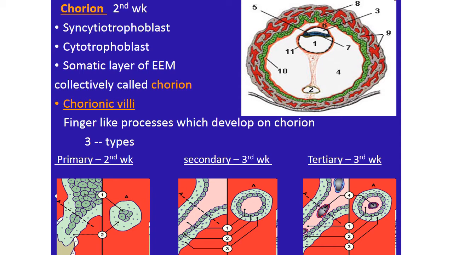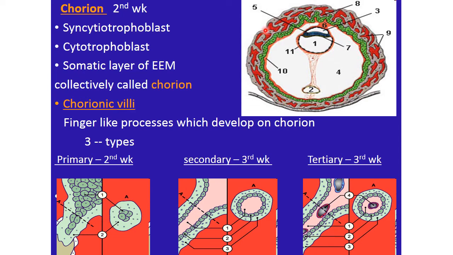What is chorion? Chorion is one of the membranes of the embryo or the fetus. The other ones are the amnion, yolk sac and the allantois. Now the chorion, I have told you, is made up of the somatic layer of the extraembryonic mesoderm, the cytotrophoblast, and the grayish layer, the syncytiotrophoblast.